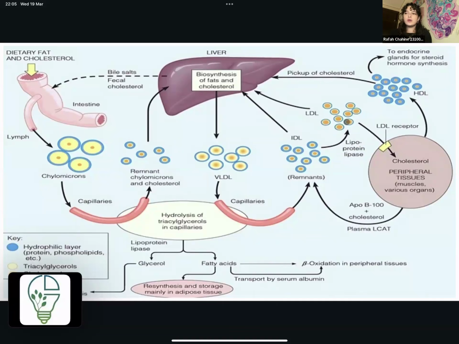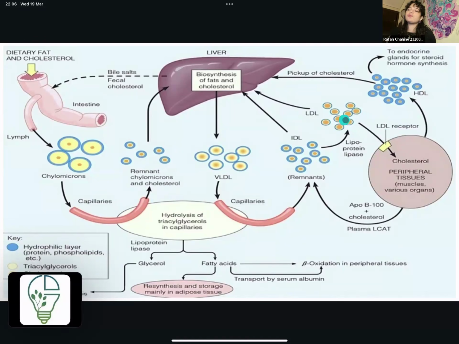of what happens, they are taken up by peripheral tissues like muscles and other organs by the LDL receptors, and the cholesterol component of these low density lipoproteins is used for important functions such as the synthesis of steroid hormones and to make up the membranes of the cells in our body, the phospholipid bilayer and all that.